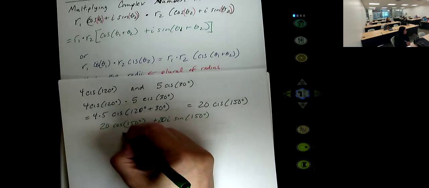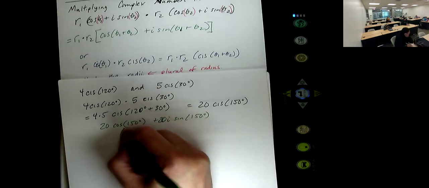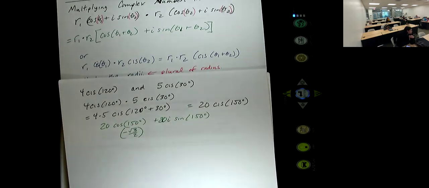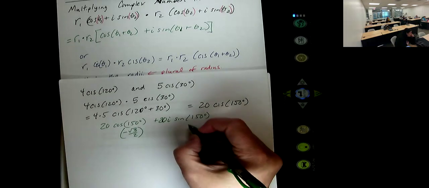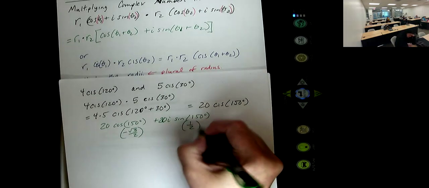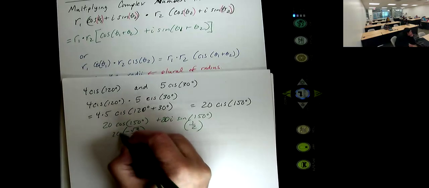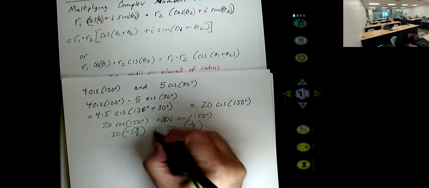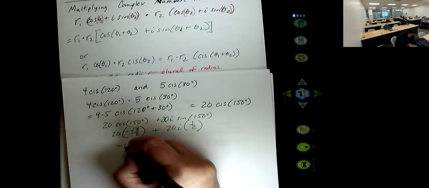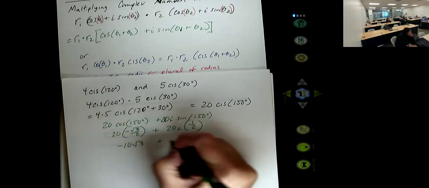This is -√3/2. What's sine of 150? 1/2. So if I multiply 20 by each of these, I get -10√3 plus 10i.